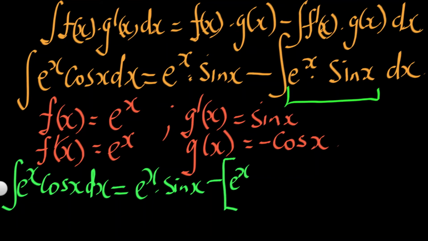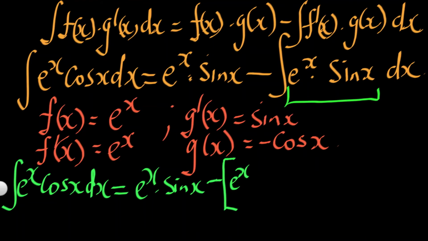In other words, I'm now applying integration by parts to this part here. That's what I'm substituting here. I'm using a square bracket here to ensure that I don't lose track of my signs.